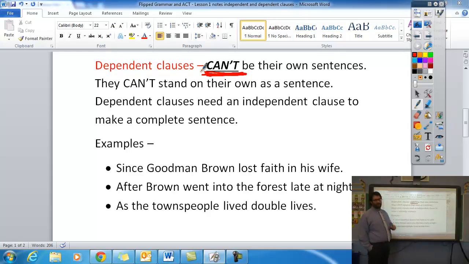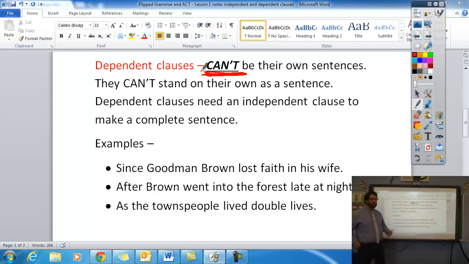They can't stand on their own. So again, think about an independent person versus a dependent person. A dependent person, say someone who lives at home with their mother and father, their mother does their laundry and cooks for them and cleans for them, right? They are dependent on their parents, right? They can't stand on their own, okay?